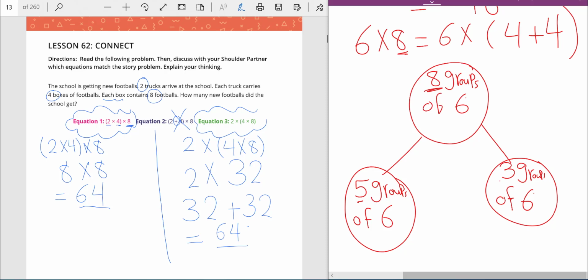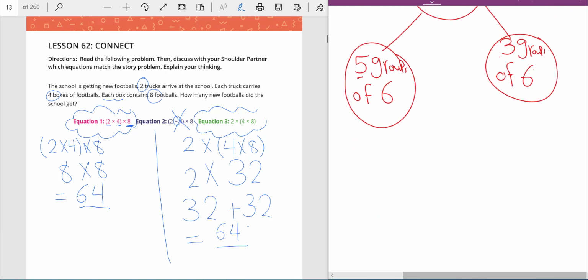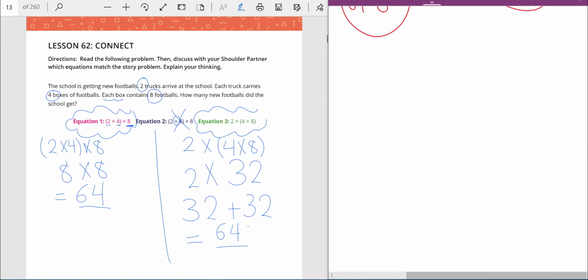It can be distributed into 4 plus 4, 1 plus 7, 6 plus 2, and any numbers whose sum is 8. Okay, so we use the distributive property when we have a greater or large factor in multiplication. We divide the multiplication problem into two smaller problems to make it easy to solve.